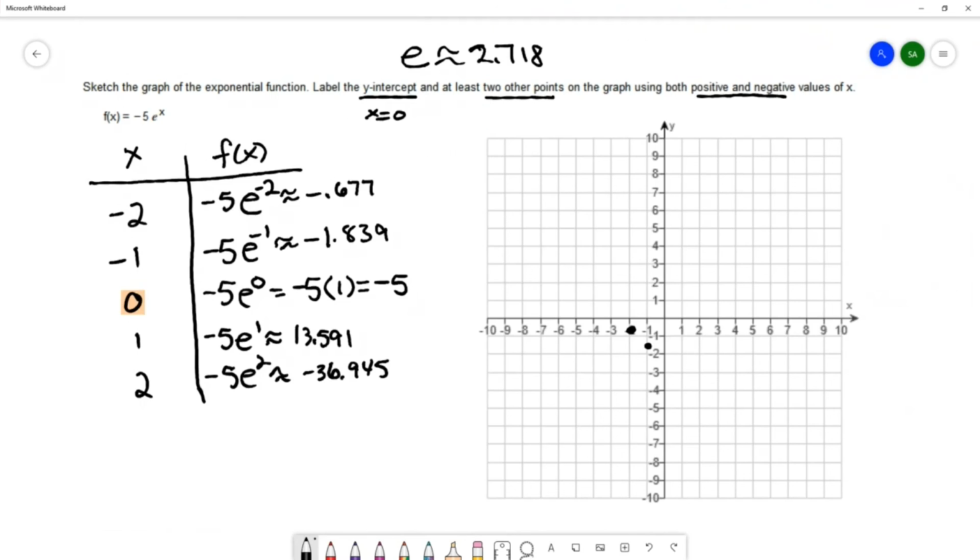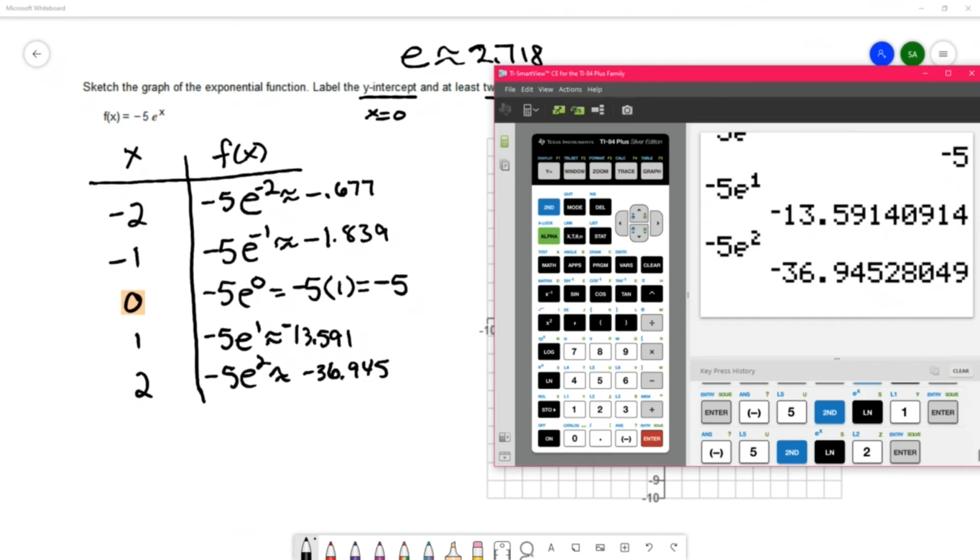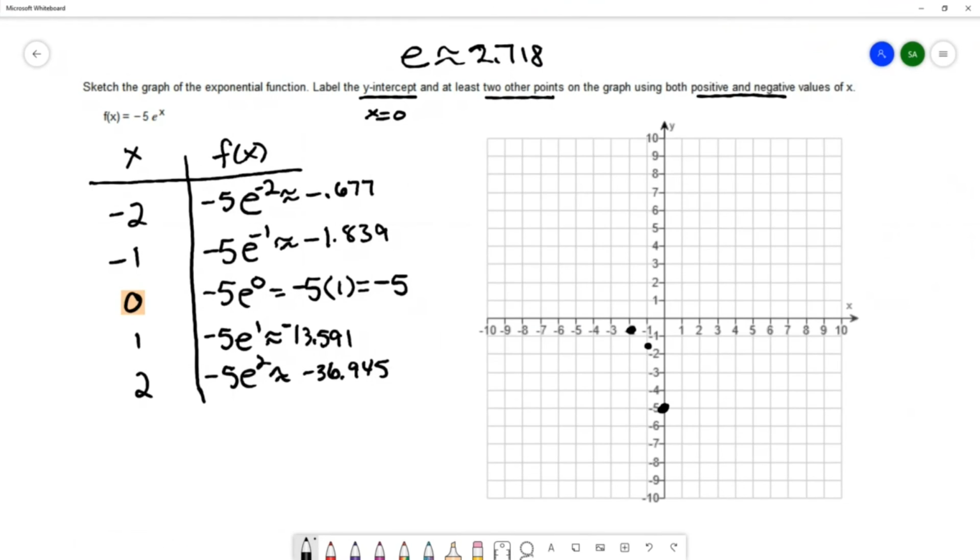We have our y-intercept at negative 5. And then 1, and I may have left off a negative here. So let me look at that calculator one more time. Yes, I left off that negative. So 1 and negative 13 puts us off our grid.